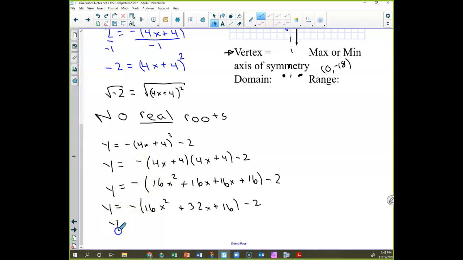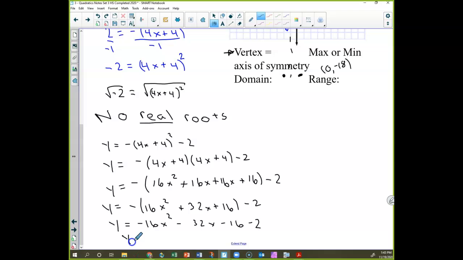Okay, so y is negative 16x squared minus 32x minus 16, and then minus 2. And I really wouldn't have to go any farther to probably illustrate what we have. But since we started putting this in standard form, we'll finish.